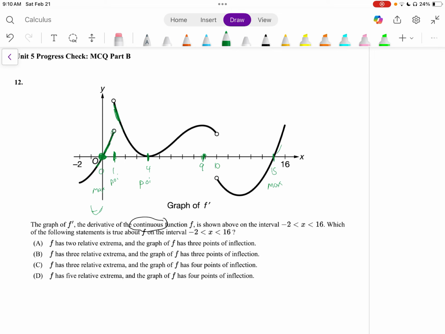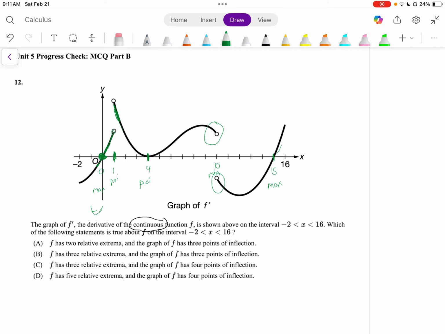At 9 here, actually I put 9 at a maximum, so let's hold off on that. That's not what we were talking about to start with. I apologize. At 10, the slope is undefined, and the slope goes from positive, it was above the x-axis, and now the derivative is negative. So if the derivative is undefined and goes from a positive to a negative, that's a minimum there.